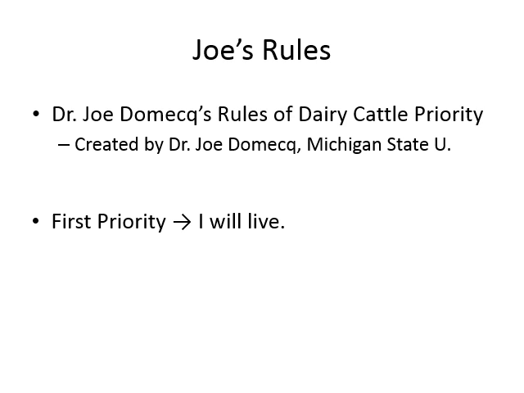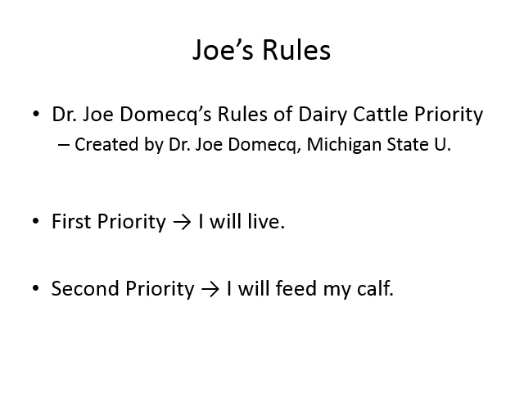The first rule for Joe's rules is I will live. This is equivalent to maintenance, so all nutrients' first priority goes to maintenance. For a lactating dairy cow, her second priority after she takes care of herself is you'll feed her calf, and that comes in the form of lactation.